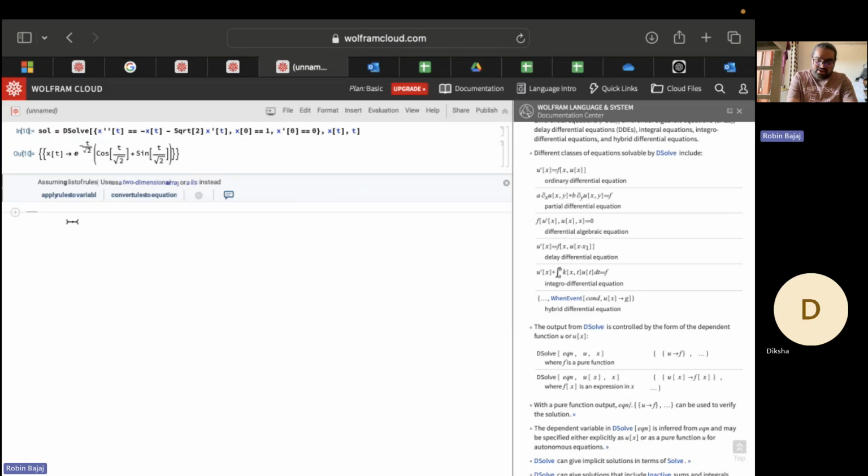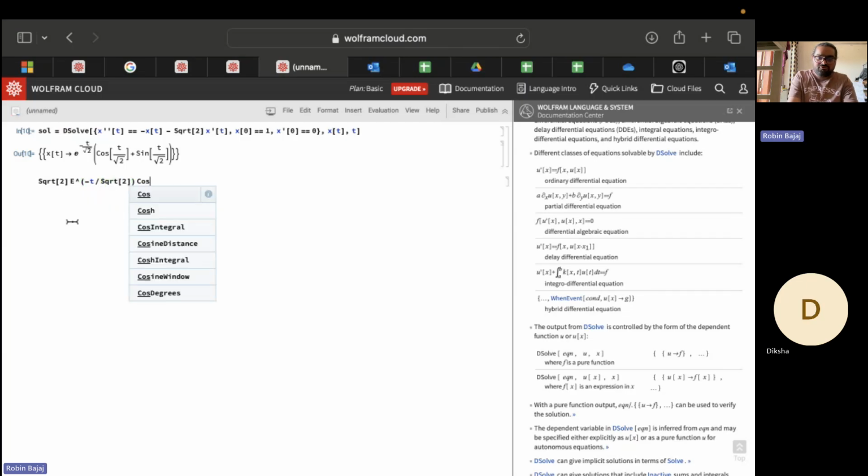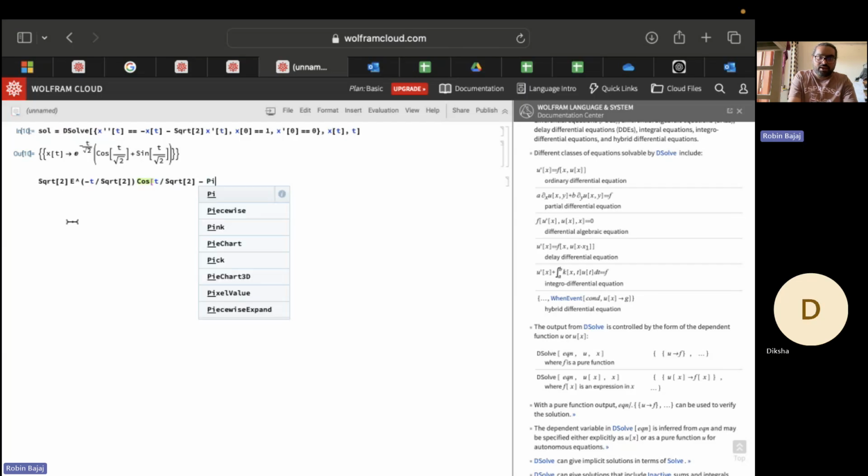Let's say I'll write the C option: square root of 2 into exponential of minus t by root 2, cos of t by root 2, minus pi by 4. This is the C option.